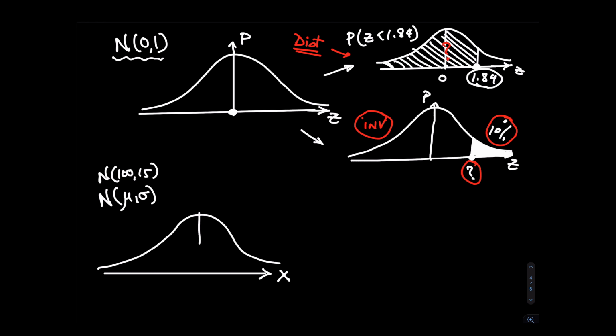And now if I draw my normal distribution here, my center is not 0 anymore, it's the mean, which is 100 in this case. And that basically boils down to two questions. The forward question for non-standard, which is the dist command question. That's if I ask you to find some kind of a probability where I've given you the x value.